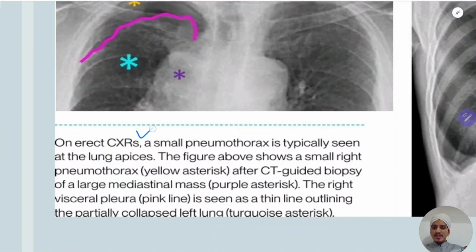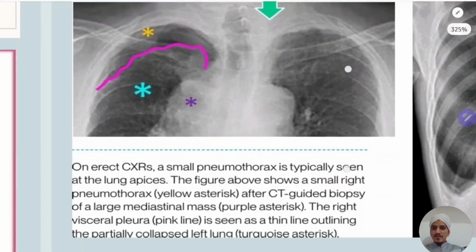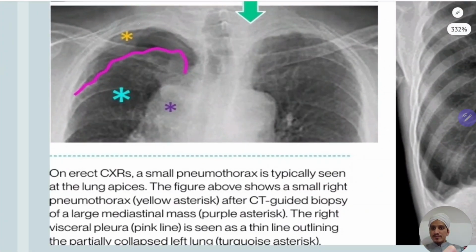This is on erect chest X-rays. A small pneumothorax is typically seen at the lung apices. The figure above shows a small right pneumothorax, yellow asterisk. This is a small pneumothorax after CT guided biopsy, so they have done a biopsy that pierced the pleura.